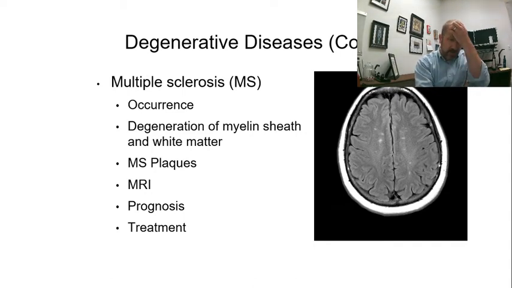It causes degeneration of the myelin sheath and the white matter, and we see these MS plaques that are apparent on MRI images, and this is highly suggestive of multiple sclerosis.